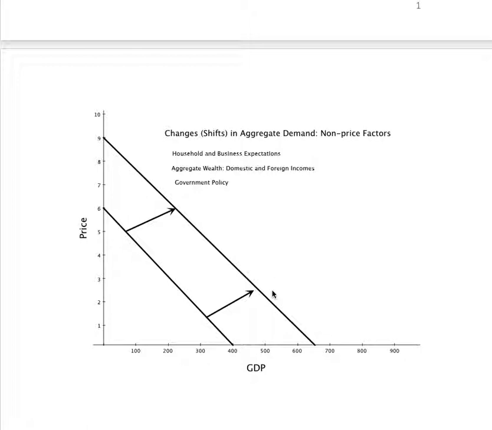So when those factors increase, if C increases, if you as a consumer are spending more, if government is spending more, business is spending more, and we're exporting more than we're importing, guess what's going to happen to GDP? And that's really what we're talking about when we look at government policy on the fiscal side, government spending. And going back to aggregate wealth, if domestic incomes increase, your income increases, that's going to be positive.